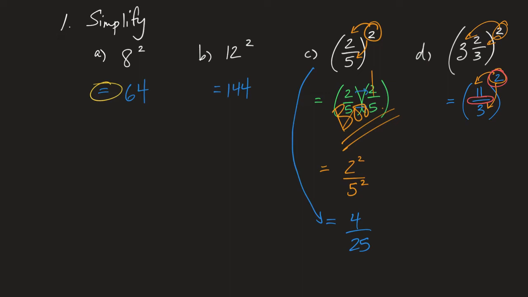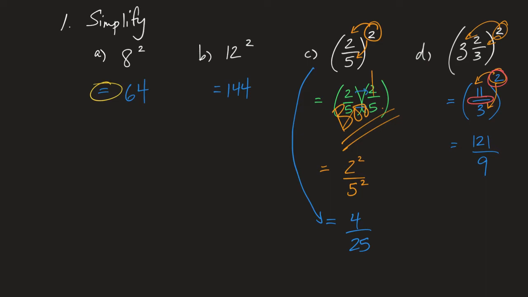So I'll deal with the repeated multiplication first. I'll apply my exponent. We get down to a pretty fast answer of 11 squared over 3 squared, and we're pretty good. So I would love to see the blue as your solution to D.